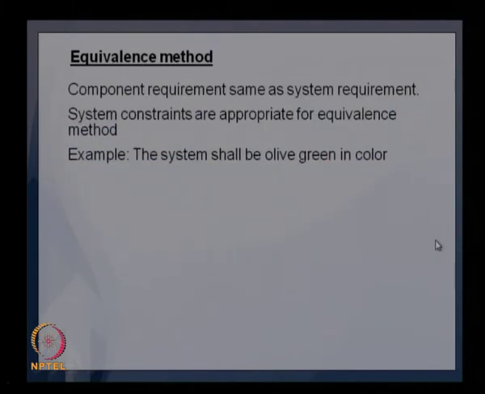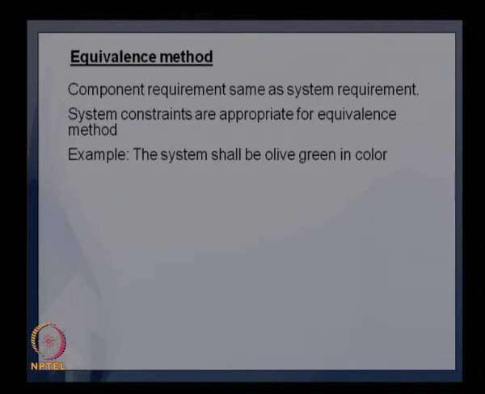Another method is known as the equivalence method, and as the name suggests, it basically divides the requirement equally amongst the components. So the component requirements are the same as the system requirement. There is no difference: whatever the system requirement is, the same requirement is given for the components also. The system constraints are appropriate for the equivalence method. When you design the system, there will be system requirements, system needs, as well as constraints.